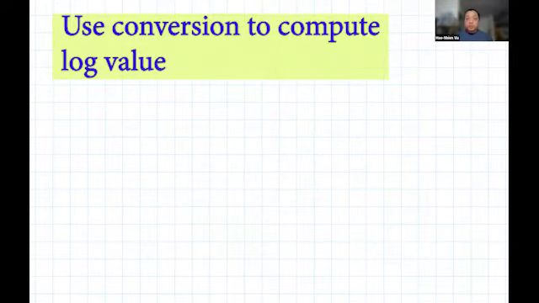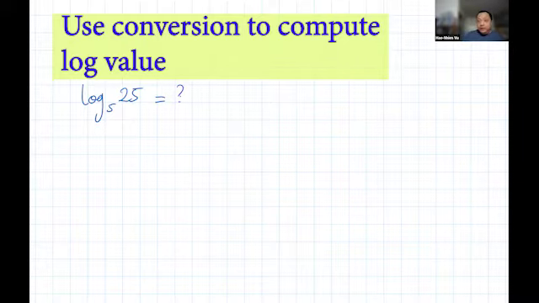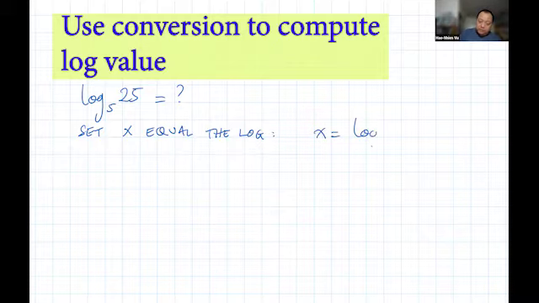Because we're more familiar with exponentials than with logarithm, it's more convenient to convert things to exponentials so we can tell what the value of a logarithm is. For example, if someone wants to know what log base 5 of 25 is equal to, we don't know what that value is, so we call it x. x equals log base 5 of 25.